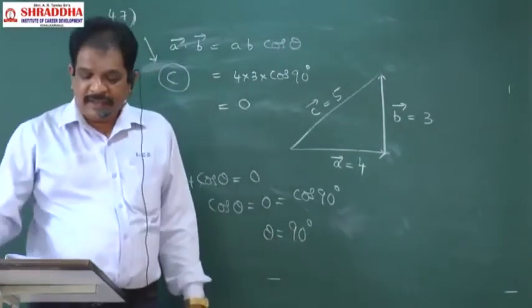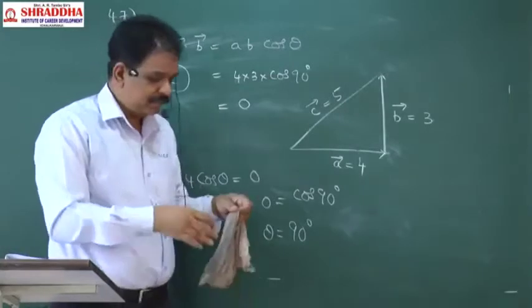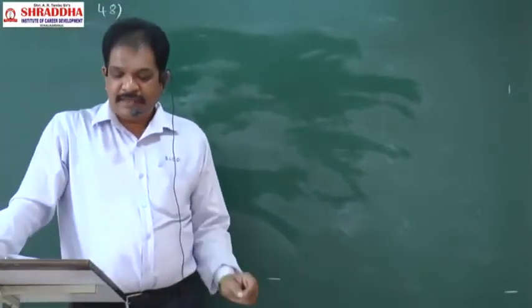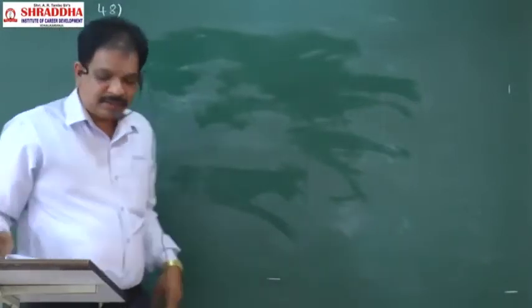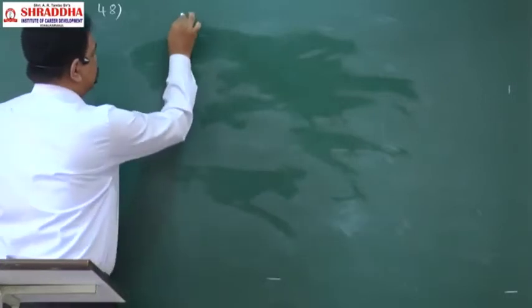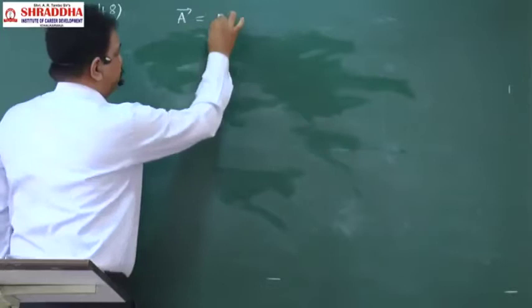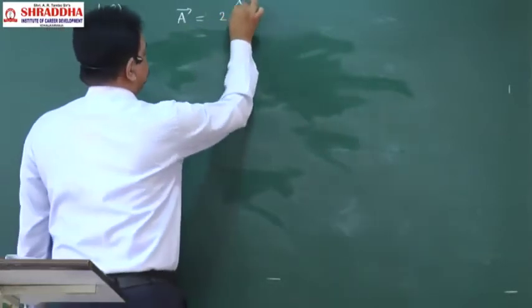Next, 48, what they are asking. There are 2 vectors given, A bar and B bar. A bar is equal to 2I cap plus 3J cap.